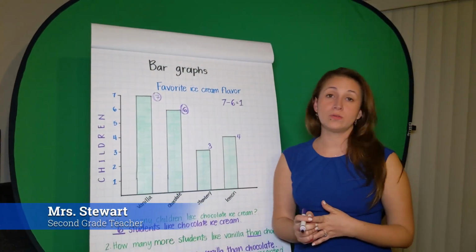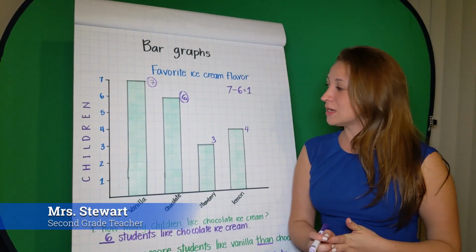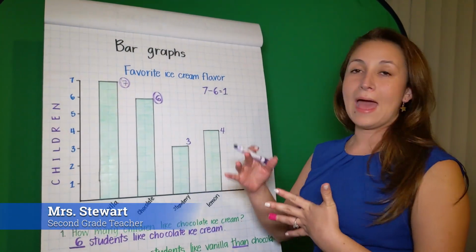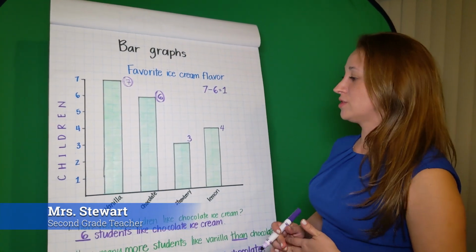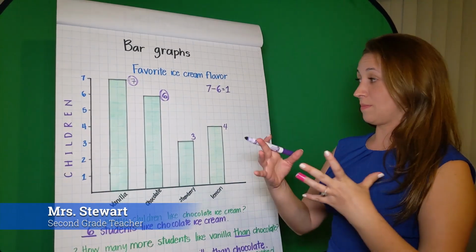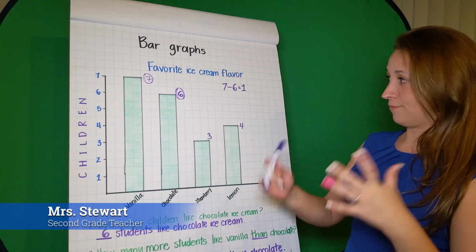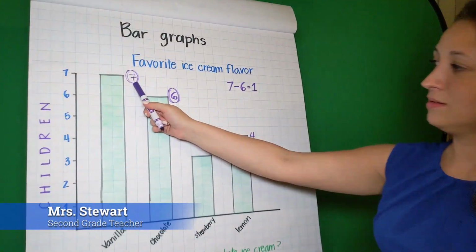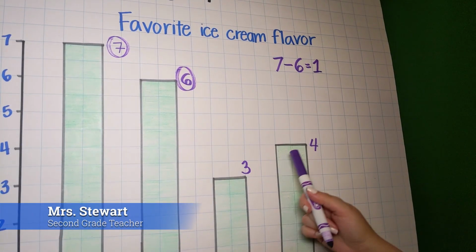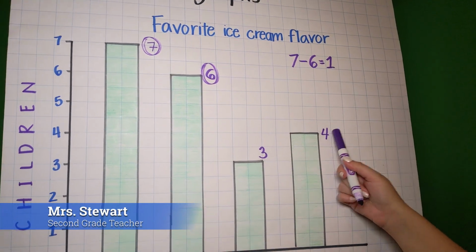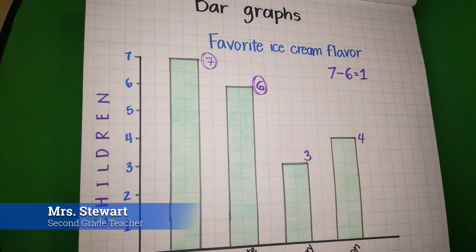We want the total amount. So what we're going to do is add all the numbers together. So what are the numbers that we're going to add? Because we want the total of the graph. So we're going to have 7, 6, 3, and 4. And we're going to do an addition sentence.